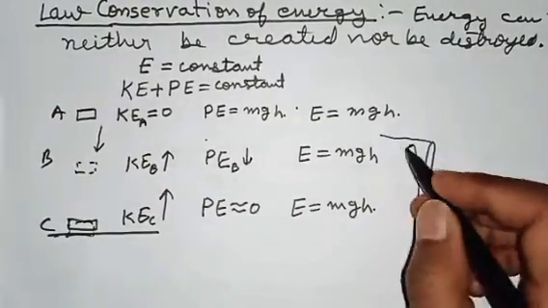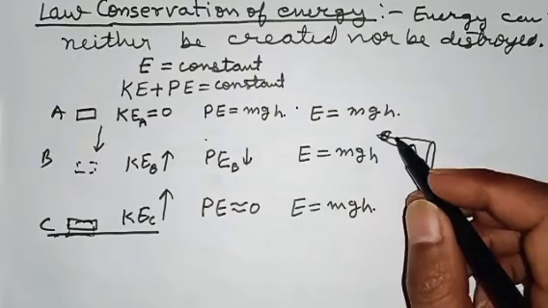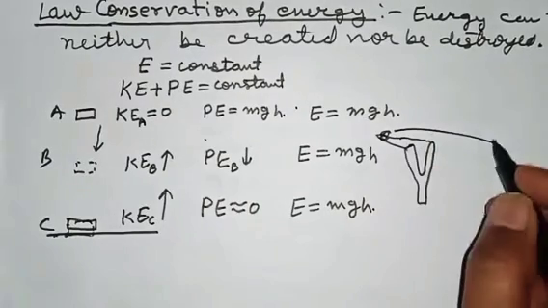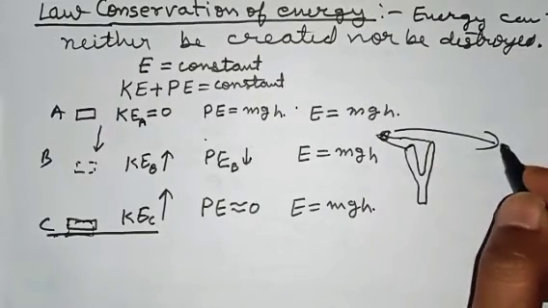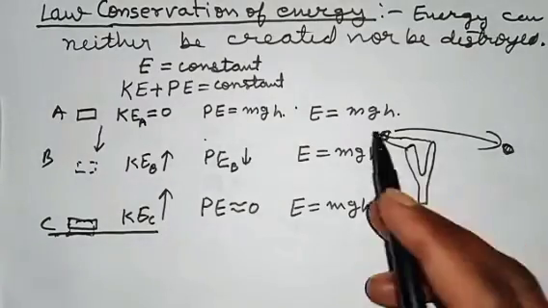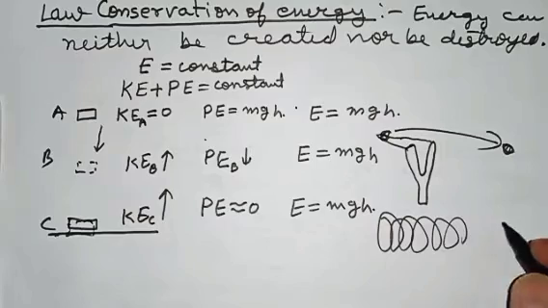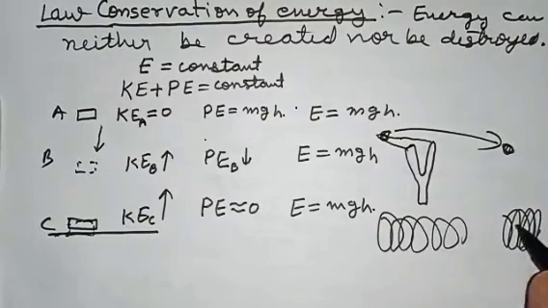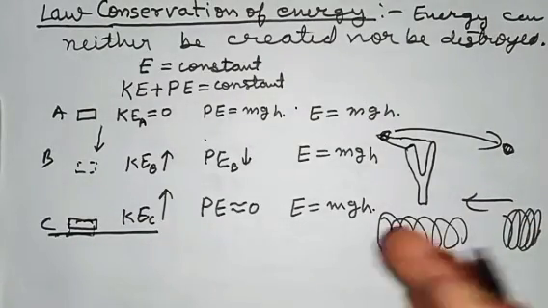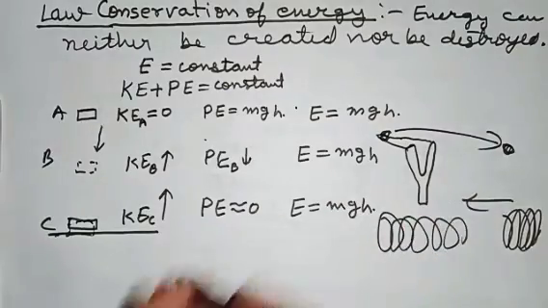When we stretch its string, it gains potential energy, and when we release, that potential energy gets converted into kinetic energy gained by the object. And in the same way, a spring, if we compress or stretch it, gains energy, and when we release it, its energy is converted into kinetic energy. So there are lots and lots of examples of that.